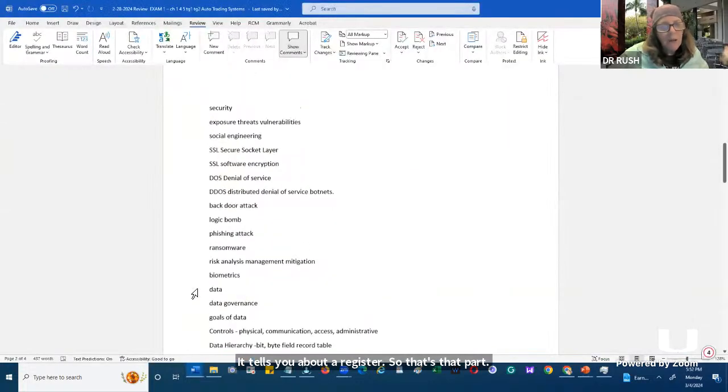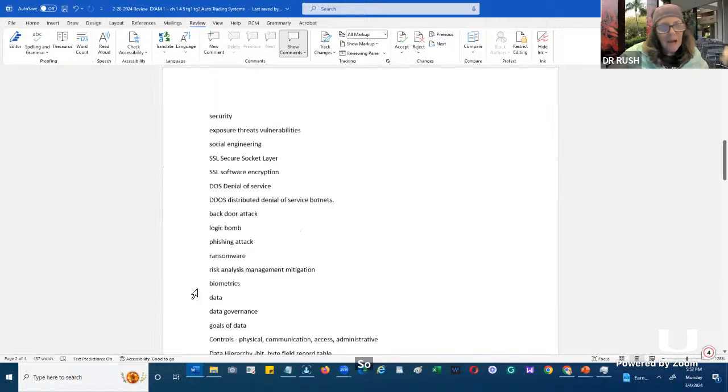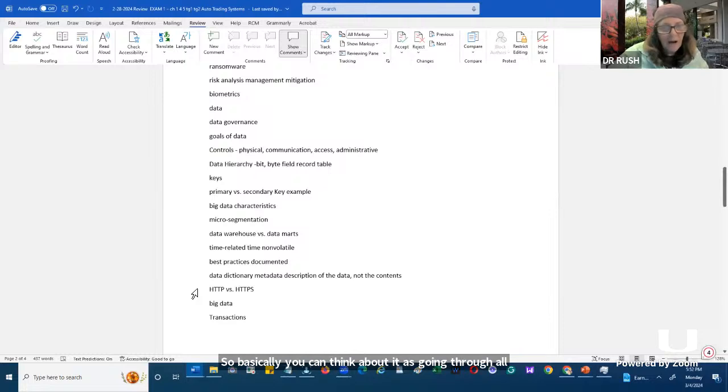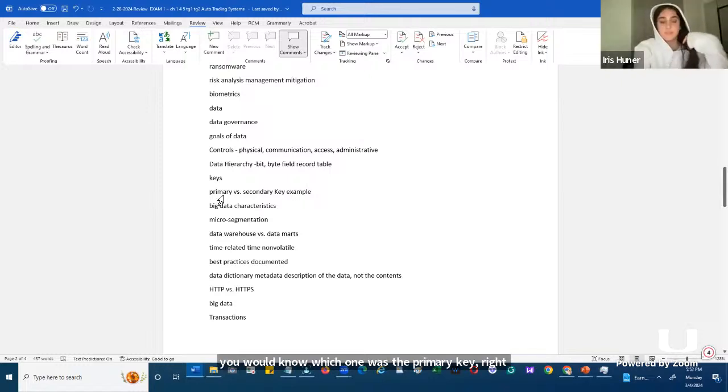So basically, you can think about going through all of these, primary. And already, when you see what's a primary key, you know what a primary key means. If I gave you C number, first name, last name, and test, you would know which one was the primary key: the C number.